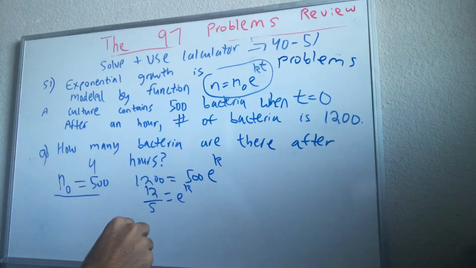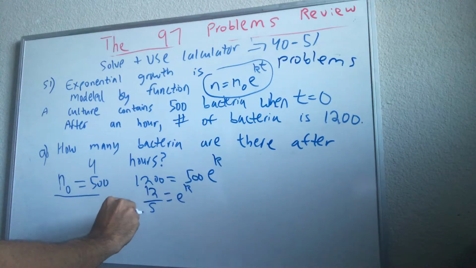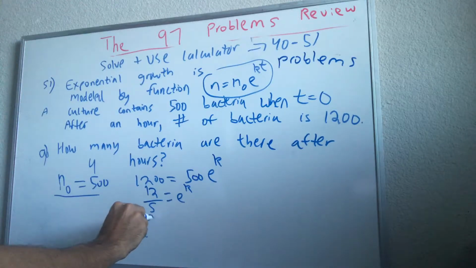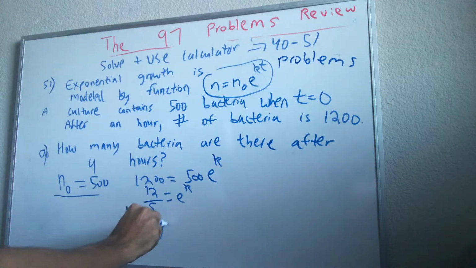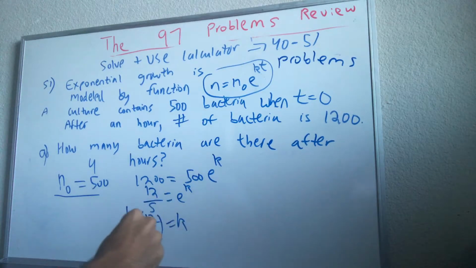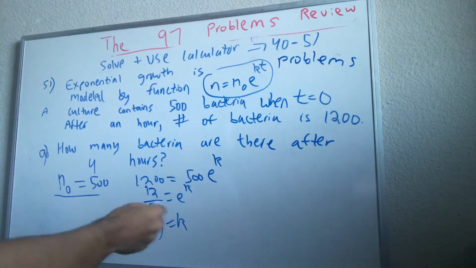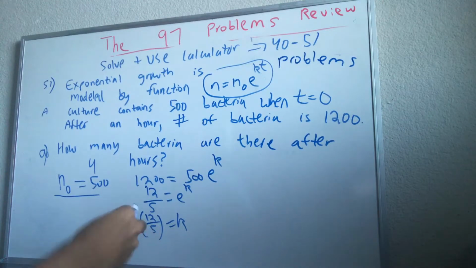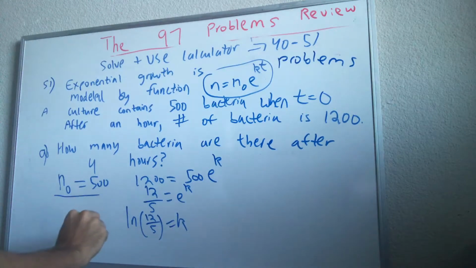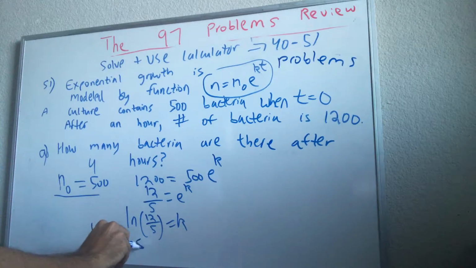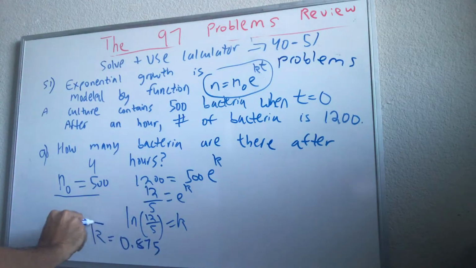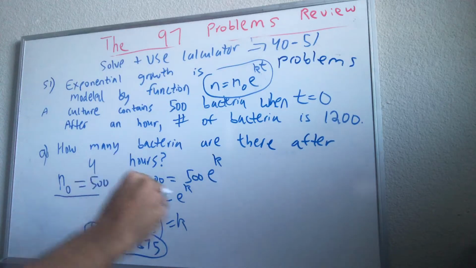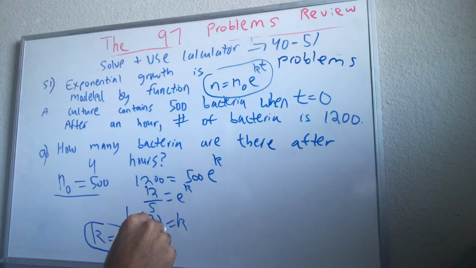That's saying that ln of 12 over 5 is equal to k, because ln is log base e, and log base e of 12 over 5 is equal to this exponent, which is k. You can evaluate this in your calculator, and you should get that k is equal to 0.875, rounded to 3 decimal places. So this is the value of k, 0.875.